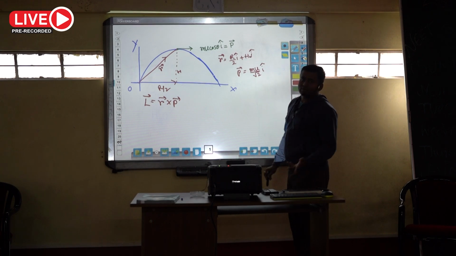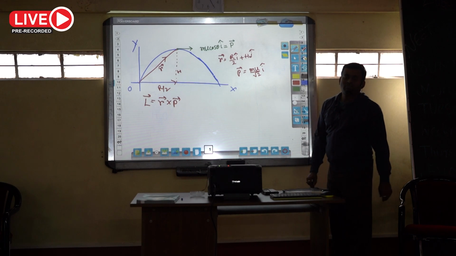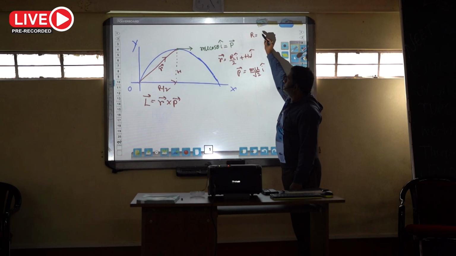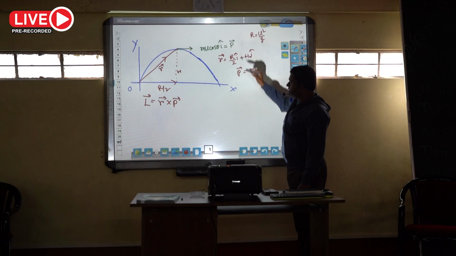Now calculate the range for this 45 degree. What is the range? It is u square sin 2 theta by g. That means u square by g. Then by 2 is there.